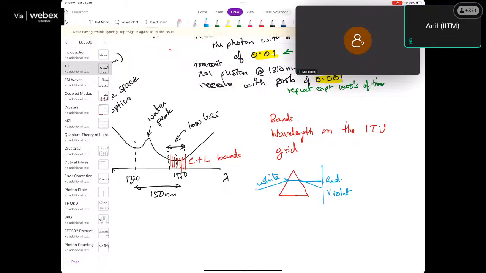Just so I complete this a little bit, let us say this is lambda b and this is lambda r. We have lambda b less than lambda r, which means that shorter wavelengths have a higher refractive index.